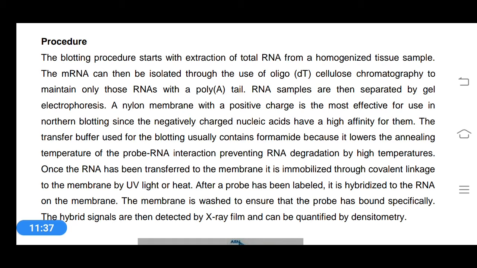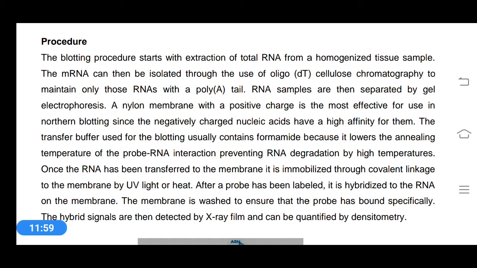And here a transfer buffer will be used for the blotting, and here it is formamide. The transfer buffer along with formamide will be used, and it lowers the annealing temperature of the probe RNA.